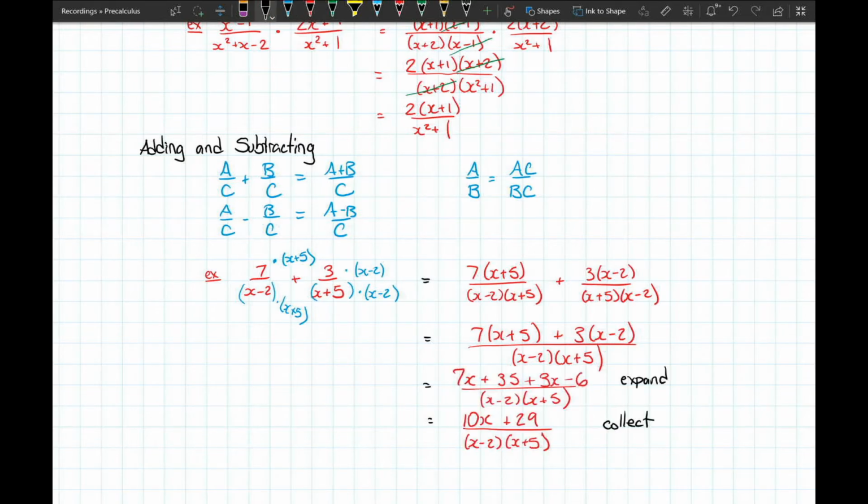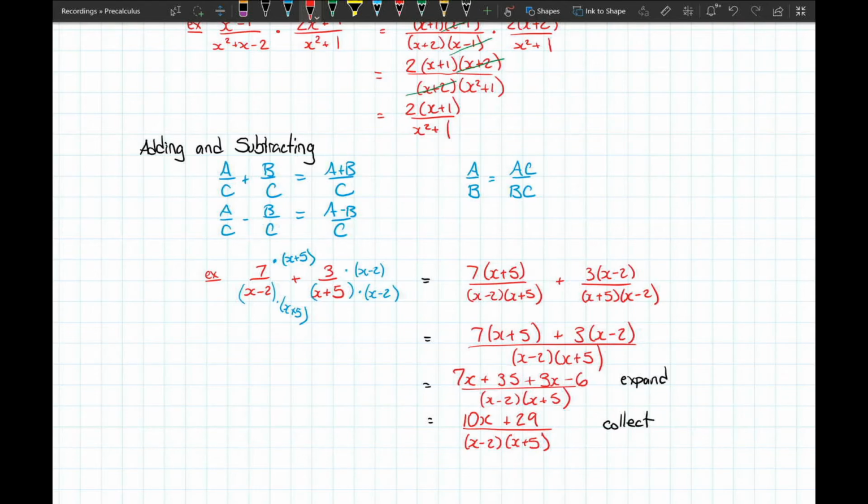Collect like terms, 7x and 3x, 35 and minus 6. And then from there, see if you can factor it. I don't see any common factors between 10x and 29, so it looks like that's as far as we can go.